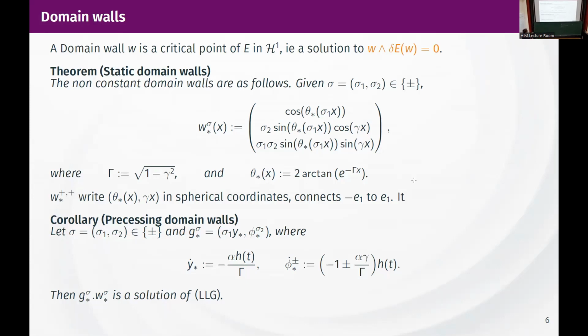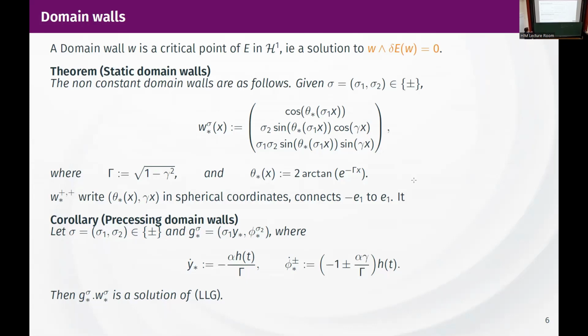This is simply in spherical coordinates, where I have theta, H1 and gamma x. This function is where the information lies. And the point is that in my setting, because I have an applied field, an external magnetic field, it's not a solution of the LLG equation as is, but I have to add a precession, so it moves.